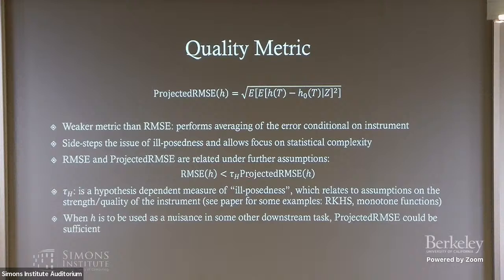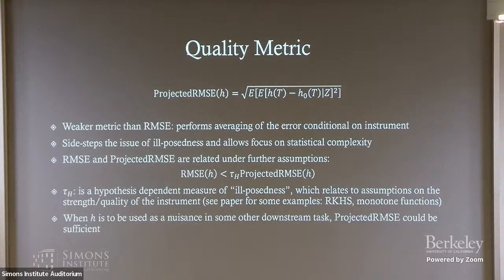For RKHS, you need to look at the eigenfunctions of the kernel, and you need to understand how the projection of those eigenfunctions onto the instrument space, how smoothed out they are.